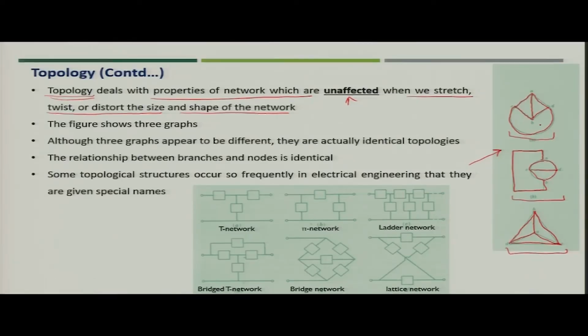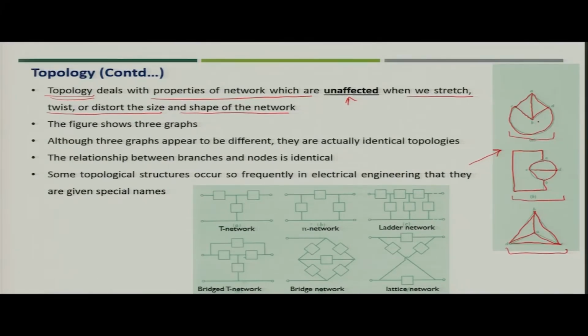Why is it important? Because sometimes in a circuit the figure is given in a different way, and you can convert it into a similar type of circuit where it is very easy for you to analyze the current flow and the voltage drop across the element. So, that is why the topology information is very important.